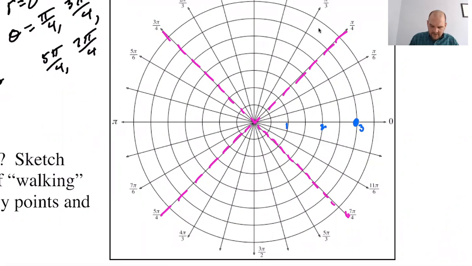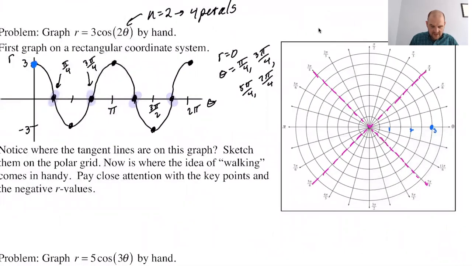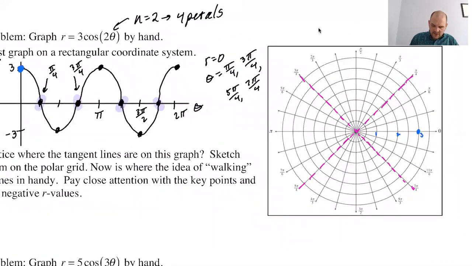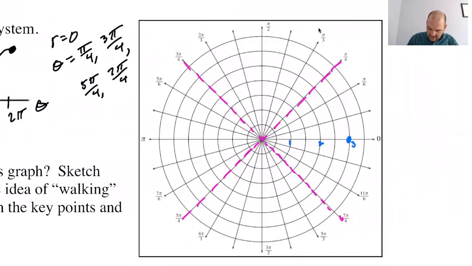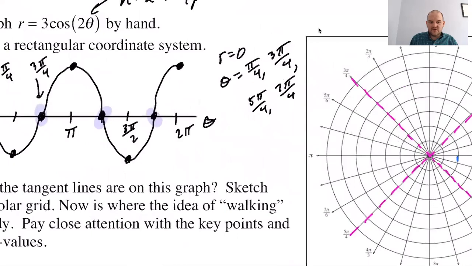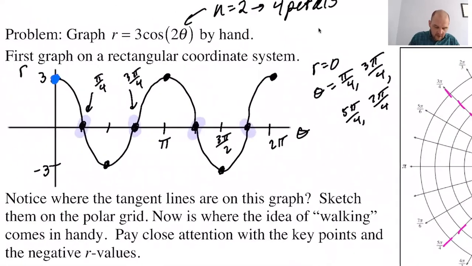All right, what happens? Theta is going to increase from 0 to pi over 4. As theta increases from 0 to pi over 4, we're rotating this way, and r is going to decrease from 3 to 0.